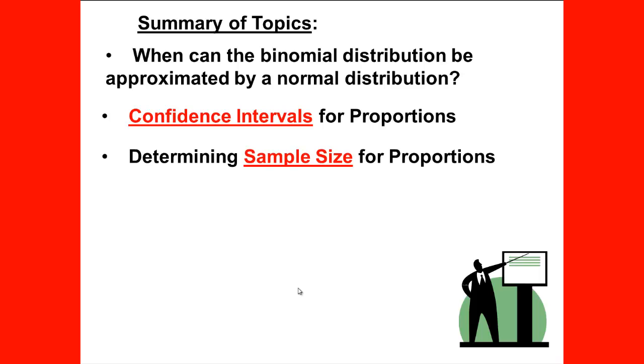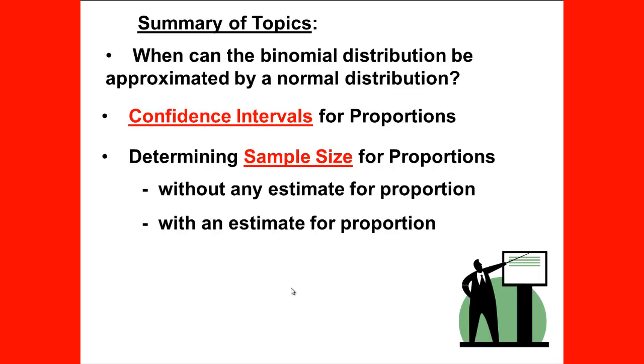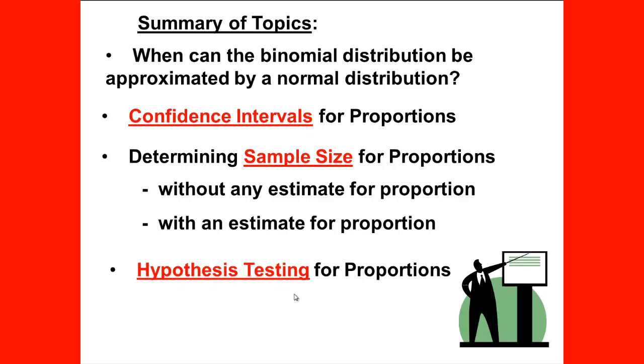We'll look at determining sample size for proportions, which may be optional and may not be covered in all courses here at Walter State. And we will look at those without any estimate for proportion and those with an estimate for proportion. And lastly, we will look at hypothesis testing for proportions.